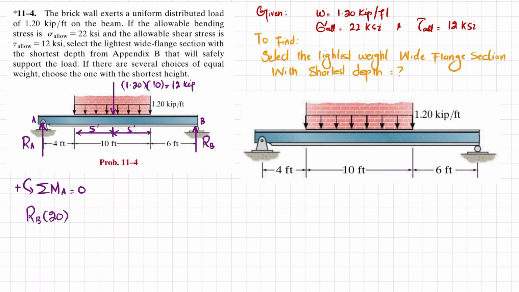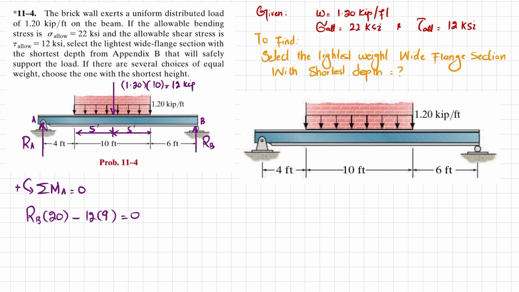The second moment is produced by this point load of 12 kips, and the perpendicular distance is 9 feet, because 5 feet plus 4 feet is 9 feet. It produces a clockwise moment, so it is negative: minus 12 into 9 is equal to 0.